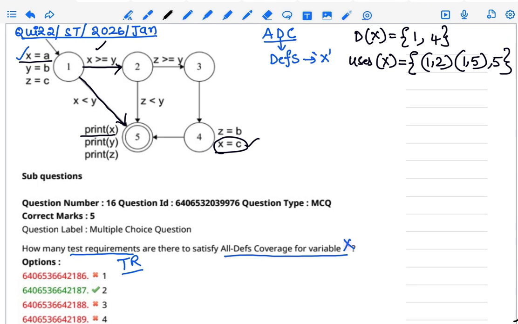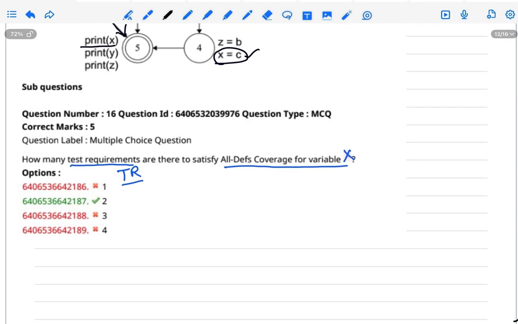What is all defs coverage, friends? There is a trick for this question. You can check it with other questions also.